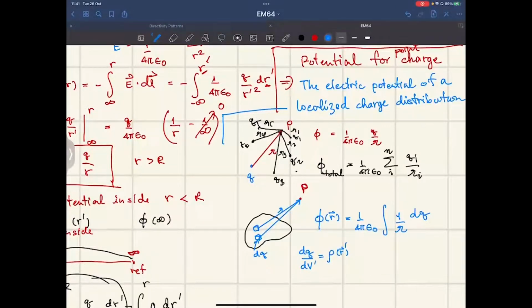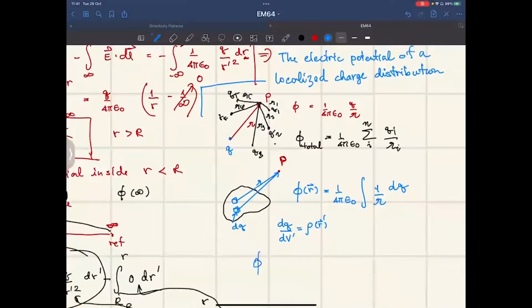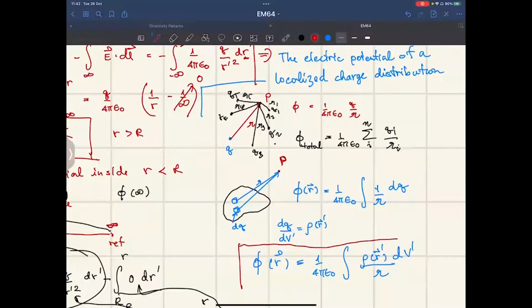This thing is V prime here. So our potential is equal to 1/4 pi epsilon naught with the integration. This is the potential of a charge distribution for the volume charge here.